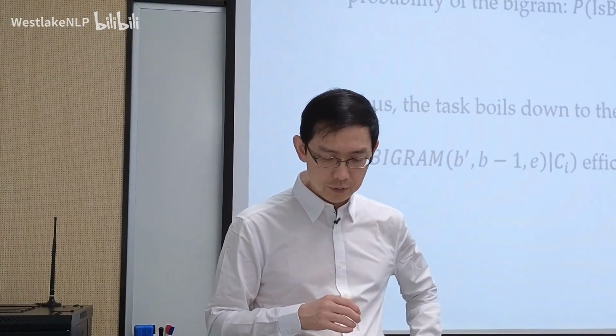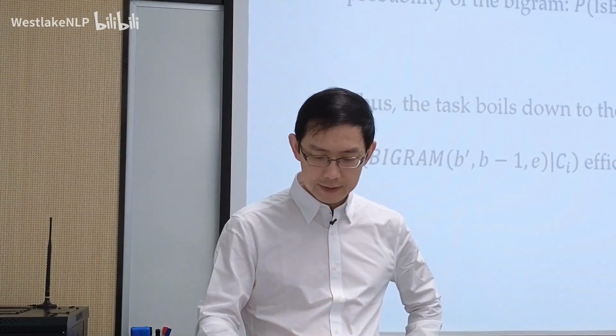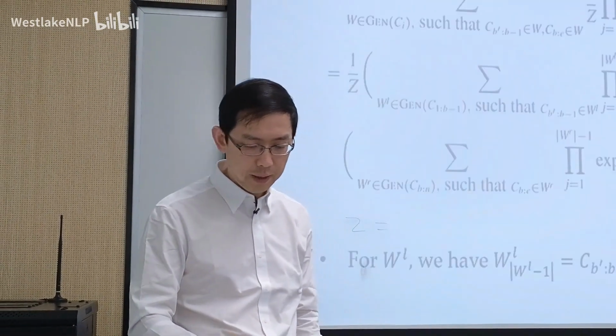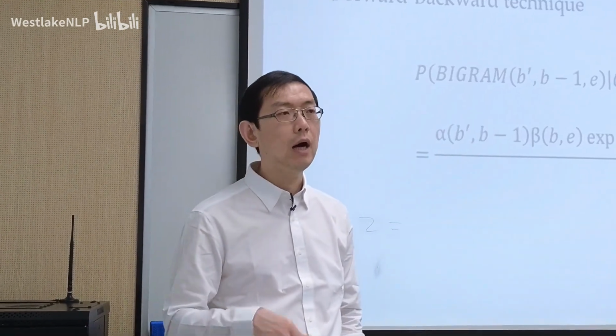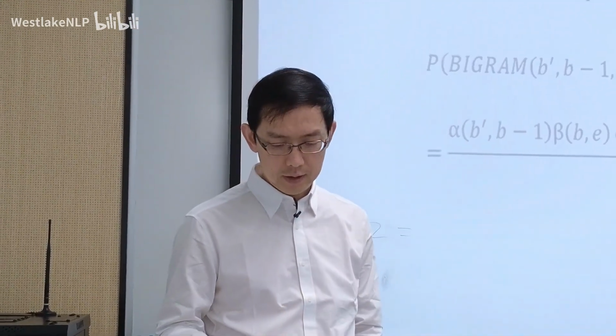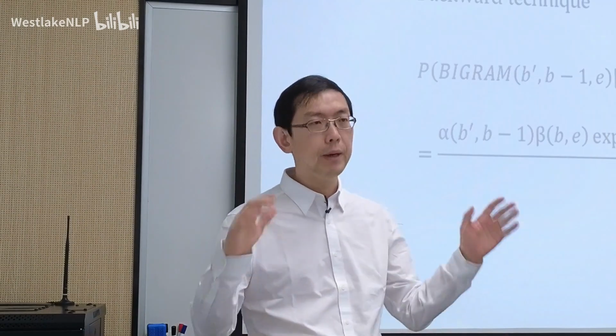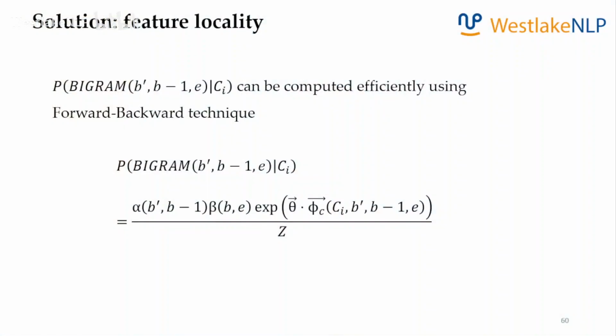We can come to slide 60, which shows the local bigram probability. It is equal to alpha times beta times the bigram local score divided by Z. So if you look at this, and if you look at last week, the equations are identical in the form, okay?